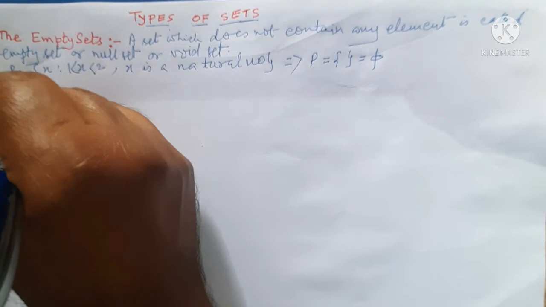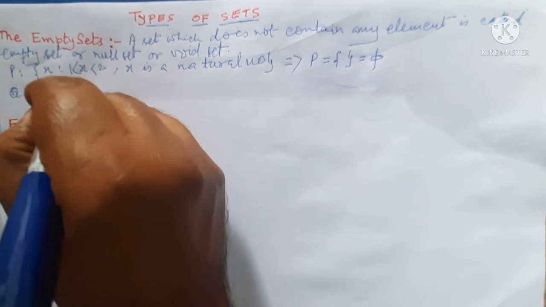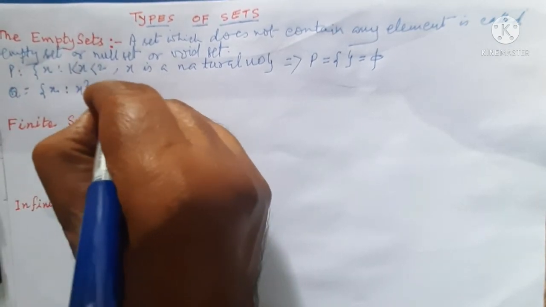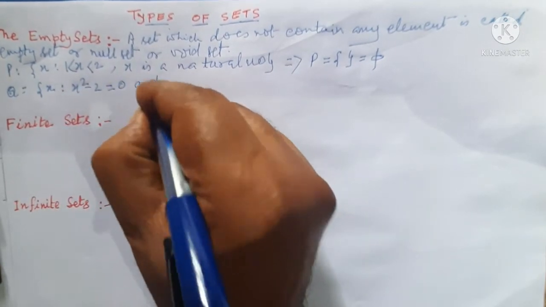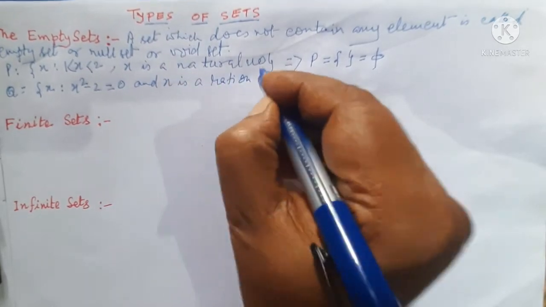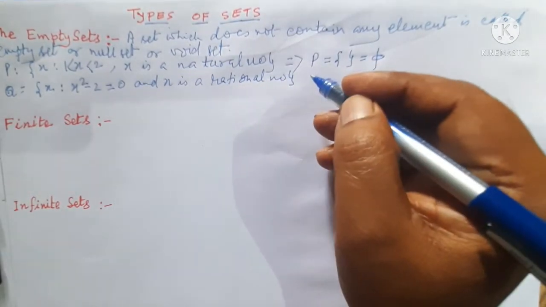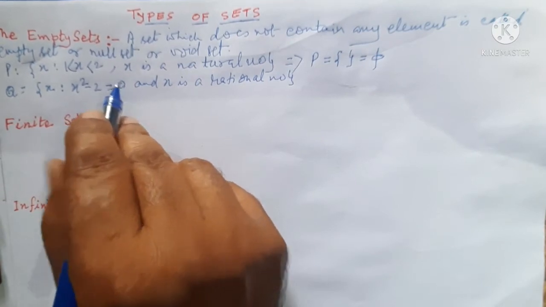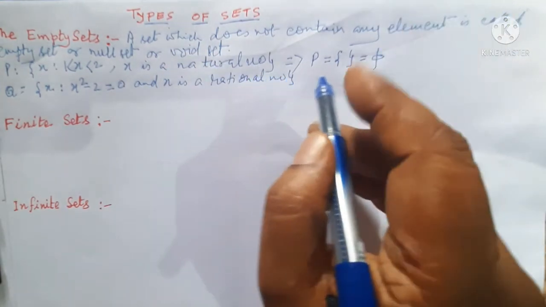Set Q, let it be x such that x square minus 2 equal to 0 and x is a rational number. The meaning of x square minus 2 equal to 0 is that x square is equal to 2. It means x is equal to square root of 2.